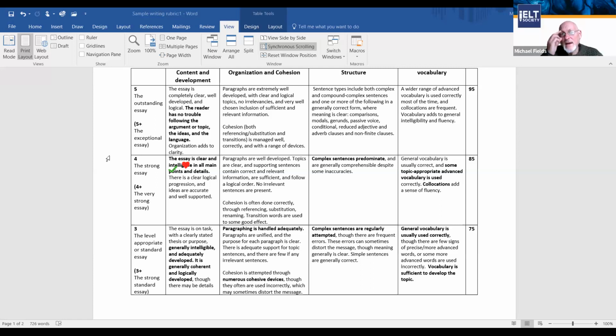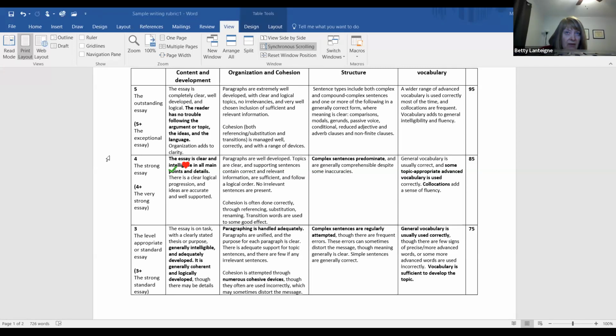Betty, I'm just going to use different symbols for the three of you, and I'll try to keep them straight. Betty, I think that's a really good point, and we might as well bring that up. We might find the essay somehow deficient in one of these categories, but we don't want to penalize it twice. So what Betty's saying is, is the essay clear and intelligible in all main points and details? Betty, would you agree with that? In terms of the progression of ideas and the essay structure and the use of support, yes.